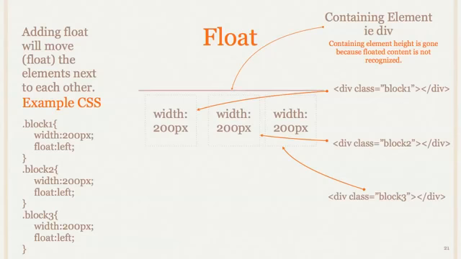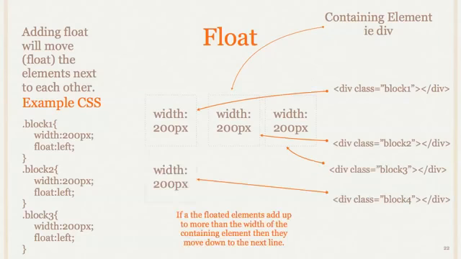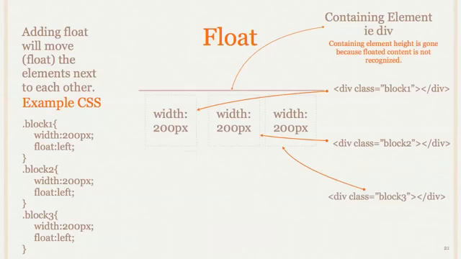Now, one of the things that happens here is that if you have a containing element around them, the height is gone. Let's say I had here just a div that was around all these, and so that would be a containing element.